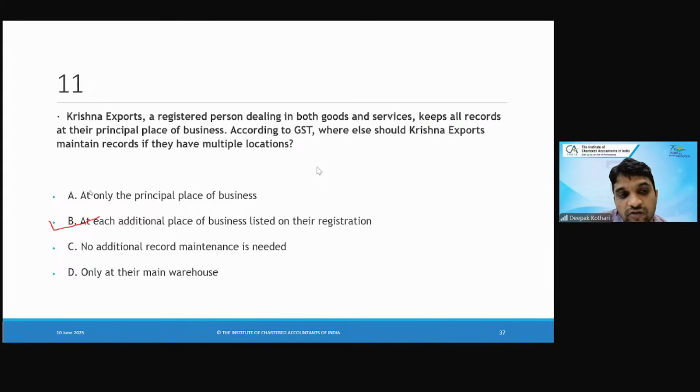If they have multiple locations, they have to maintain at each additional place of business, right? Only at principal is not correct. True.